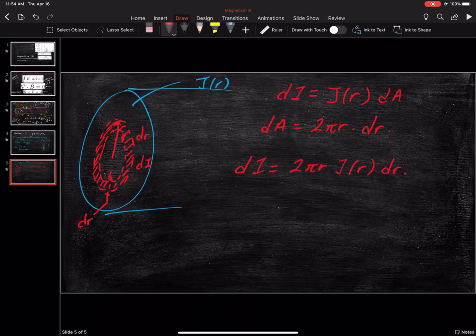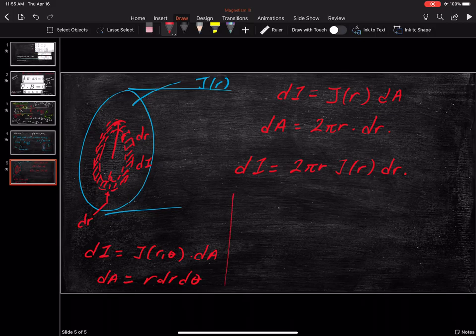This assumes that the current doesn't change with angle. This only assumes that the current changes in the radial direction, how far you go out. And that's the case that I'm going to consider. If you wanted to include J of r and theta, then your dA in this case would be r dr d theta, or d phi if you want to call it that, whatever it is.